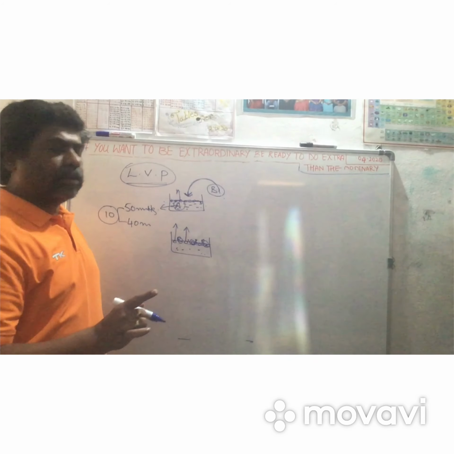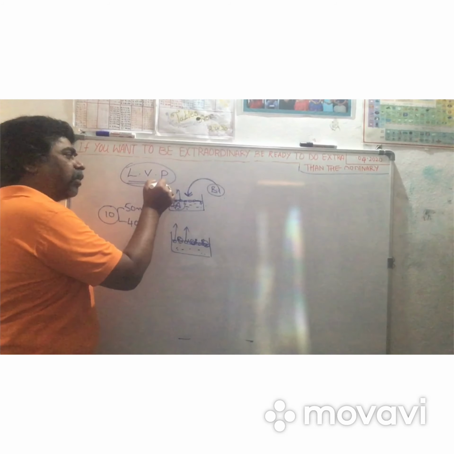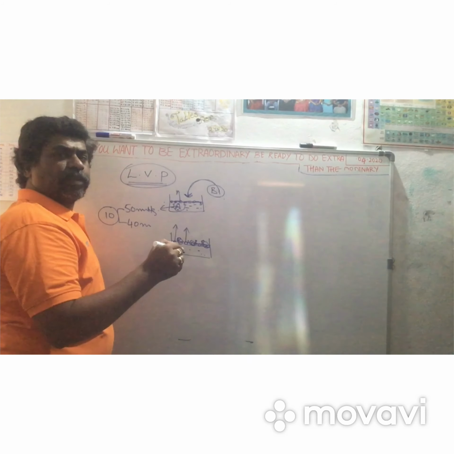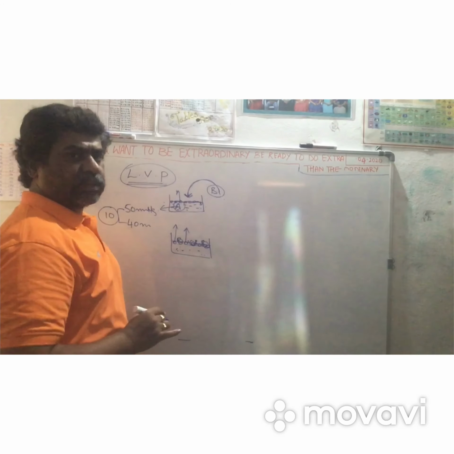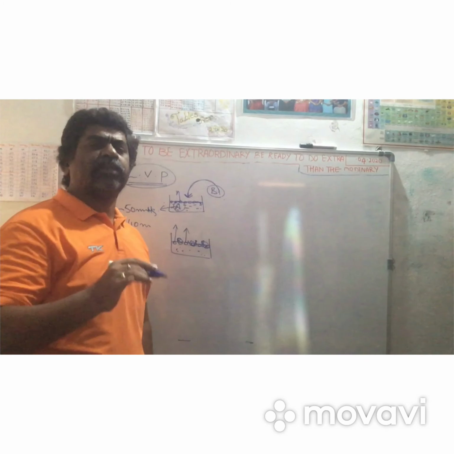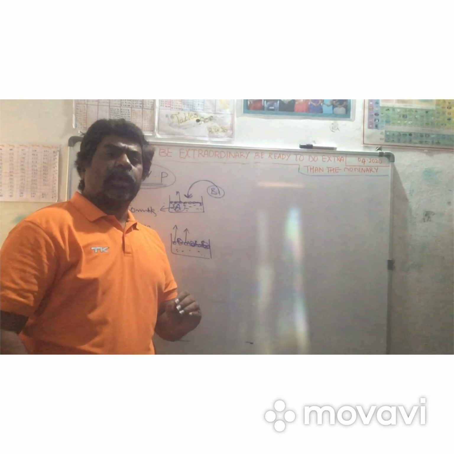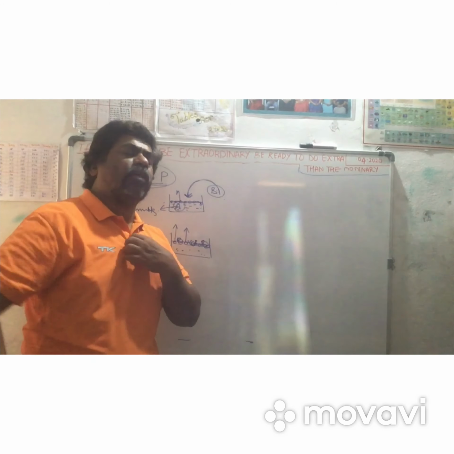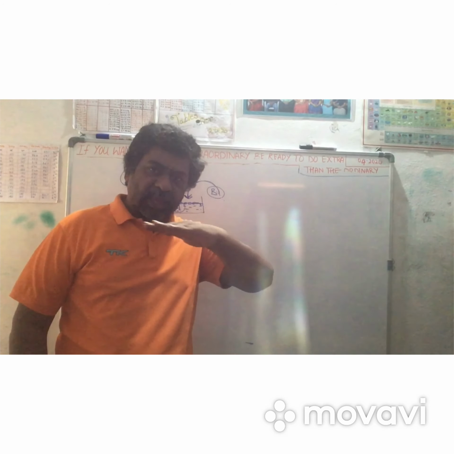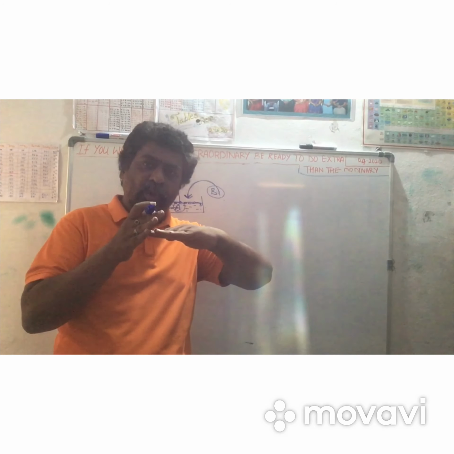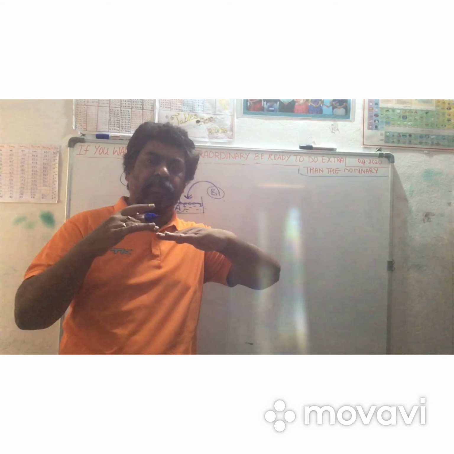Again I am telling, the decrease in vapor pressure is called lowering of vapor pressure. Why does vapor pressure decrease? When a non-volatile solute is added to the pure solvent, some surface area may be occupied by the solute molecules and some by solvent molecules.